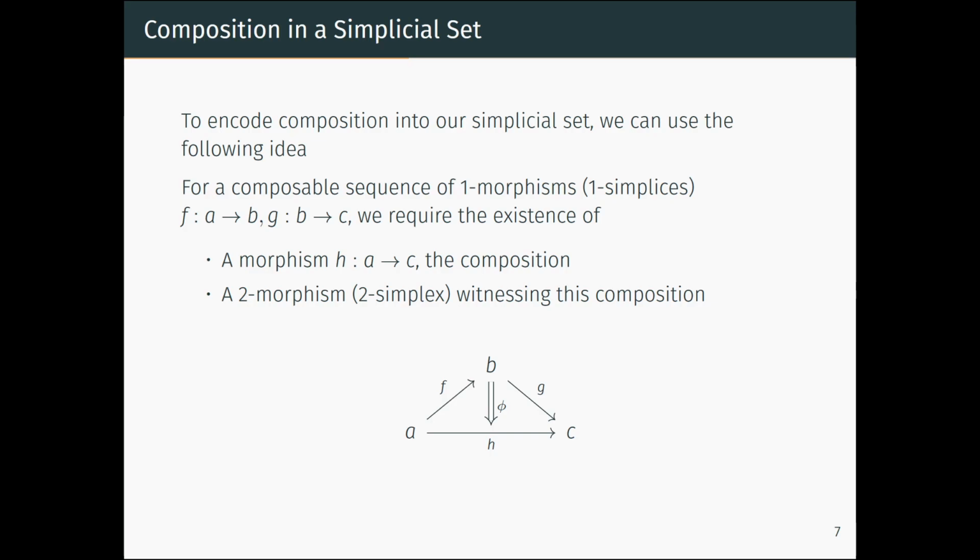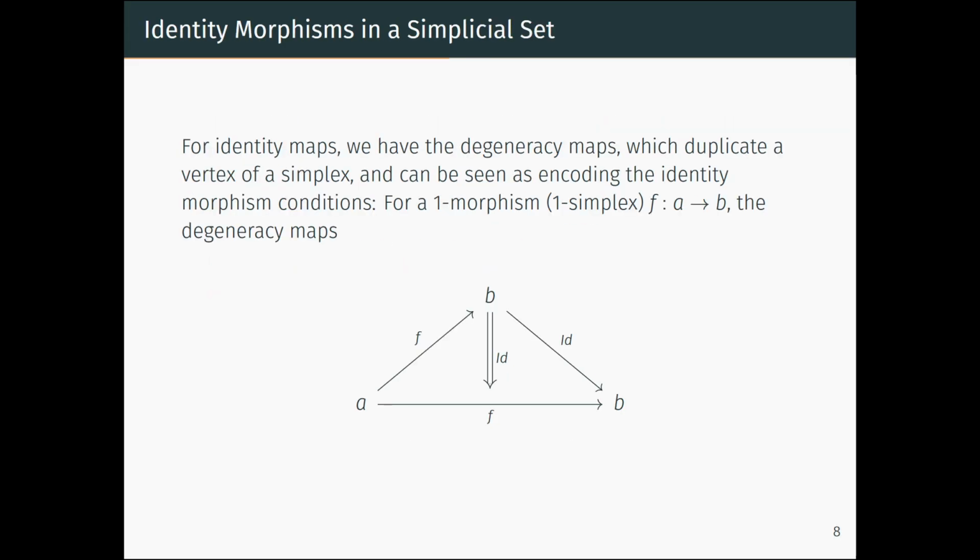In our topological example and in general, we don't necessarily need this two-morphism to be unique. We can have multiple higher homotopies relating FG and its composition. So in general, this won't be unique.